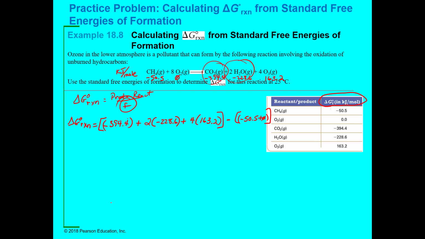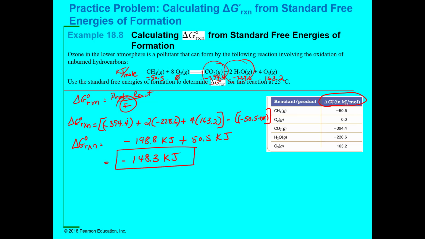All right, and so I'm going to put that in my calculator, and that's going to give me a negative 198.8 kilojoules minus a negative 50.5, so plus 50.5 kilojoules, because this is all G, and that's going to equal a negative 148.3 kilojoules.